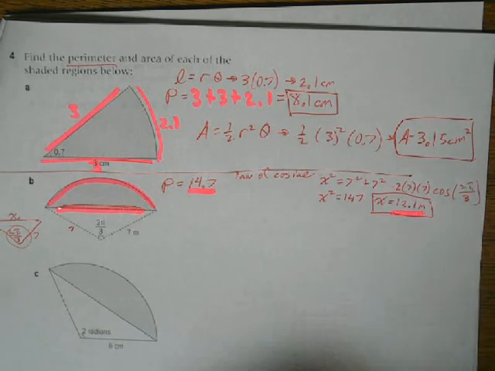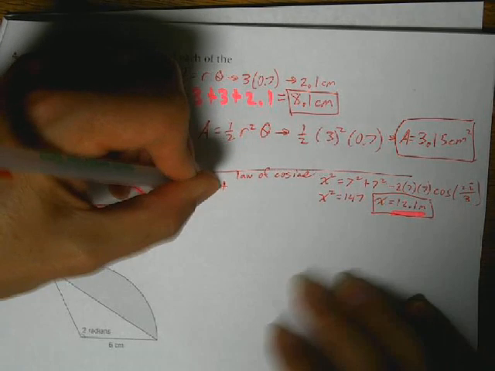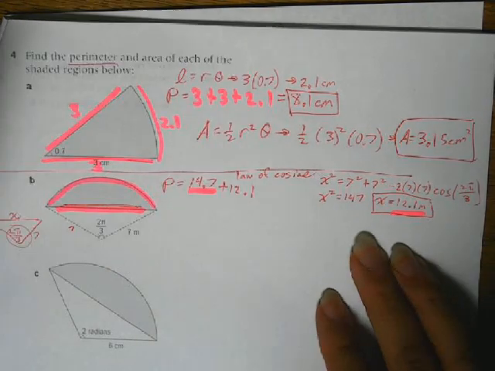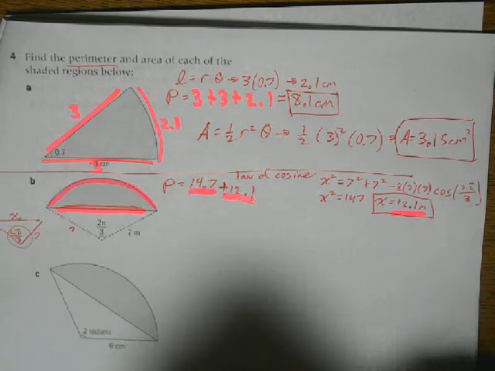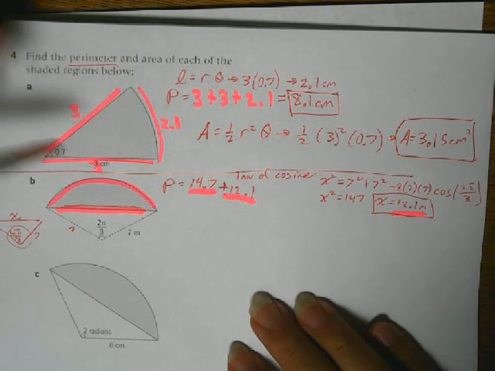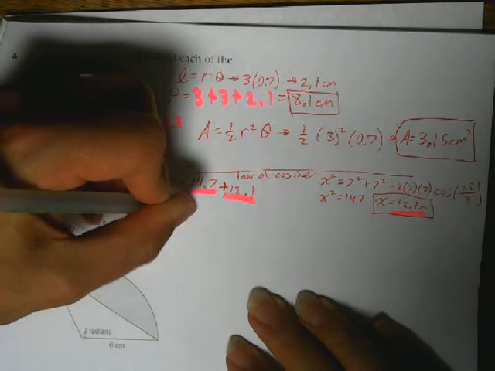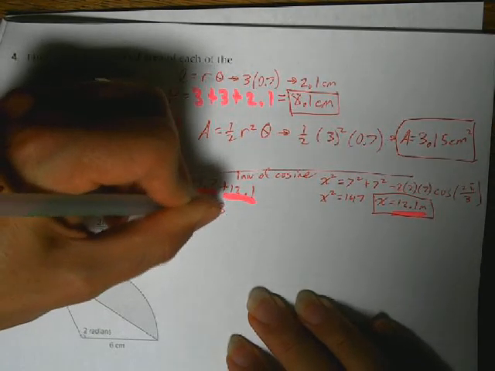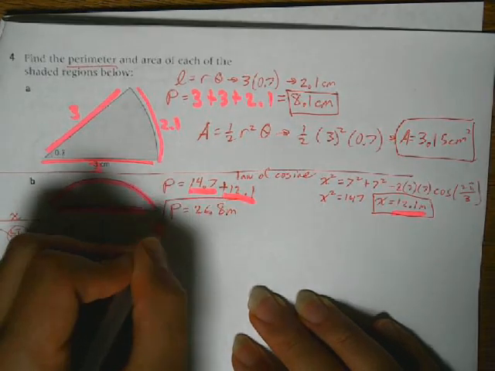Now to find the perimeter, I just add those two together, and so my perimeter equals 26.8 meters.